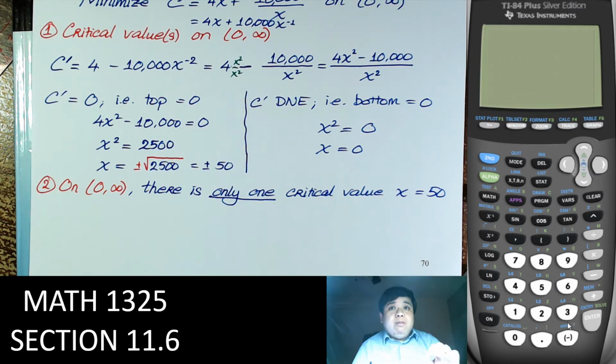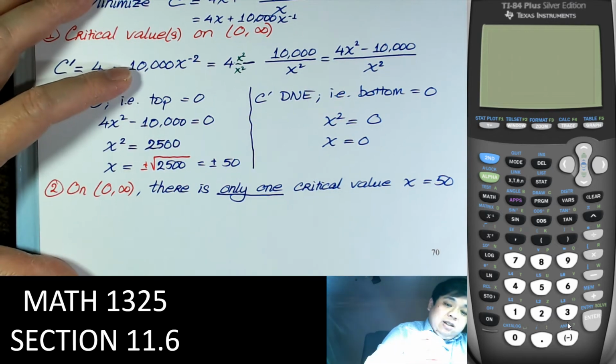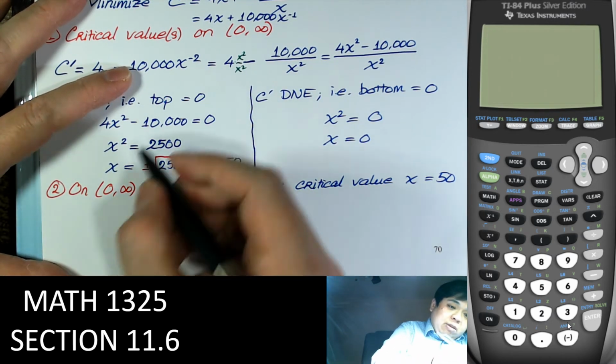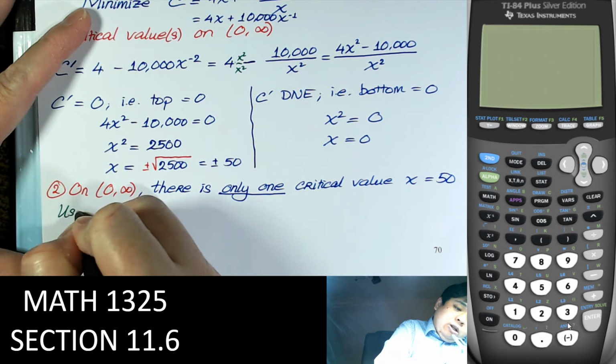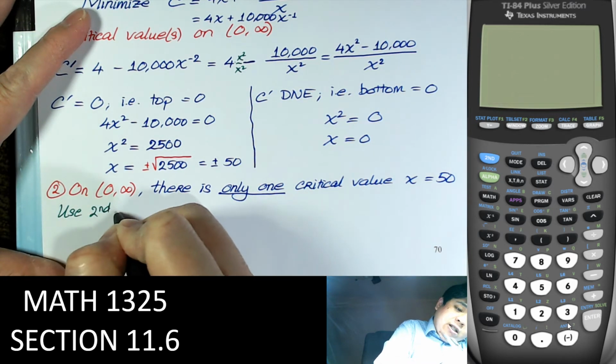So to confirm that it is the local max or local min, we just need to use the second derivative test, because the derivative is very easy to evaluate. So I use the second derivative test.